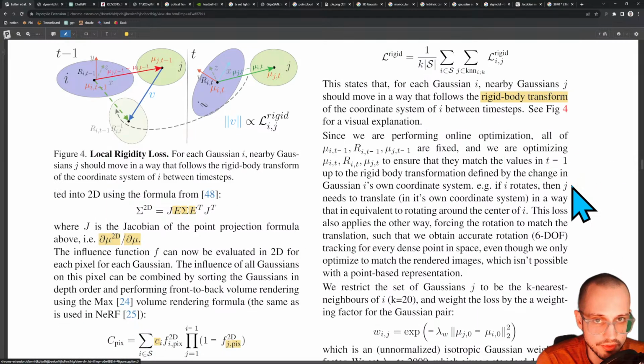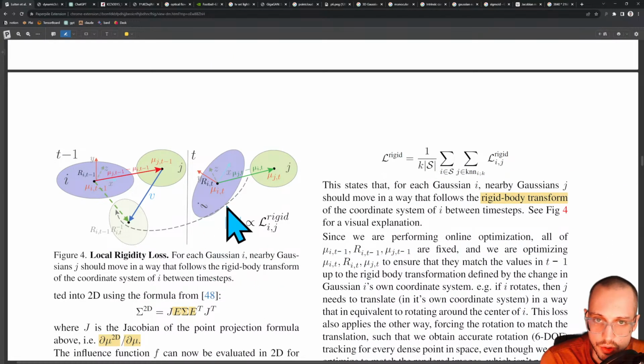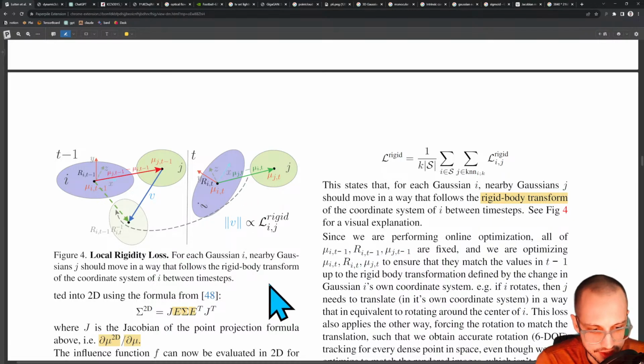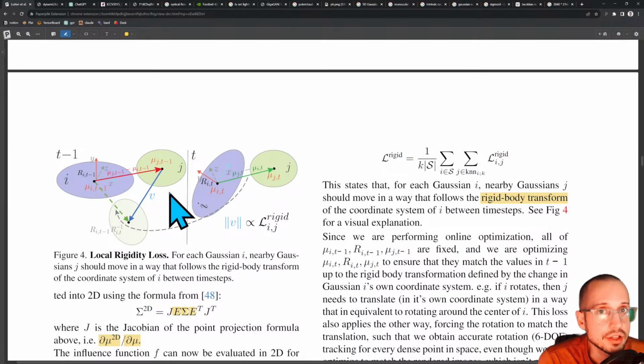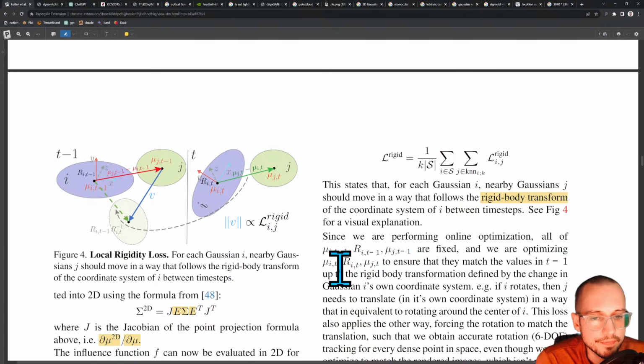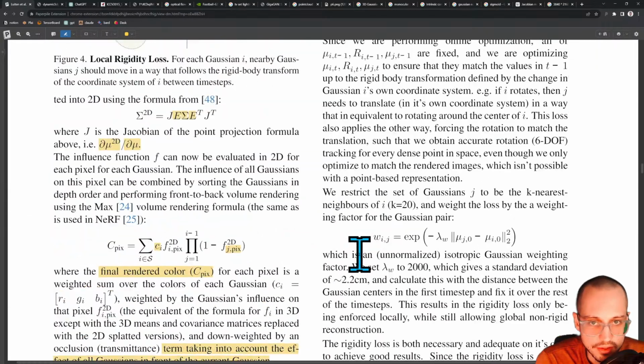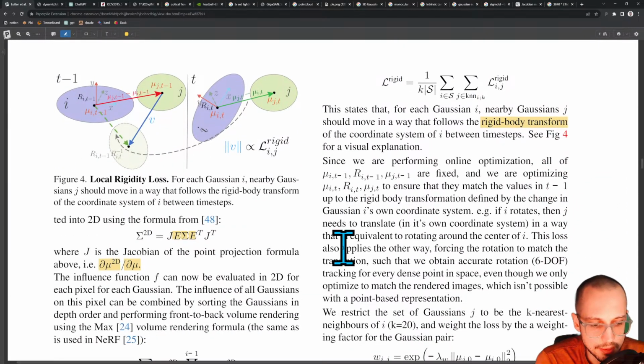See figure 4 for a visual explanation. Actually, here we go. Why am I using my hands and my fists when I could just be doing this? The reconstruction loss is combined loss per Gaussian over all cameras. They probably don't mention it, but it's basically that the ground truth image should be as similar as possible to the reconstructed image.